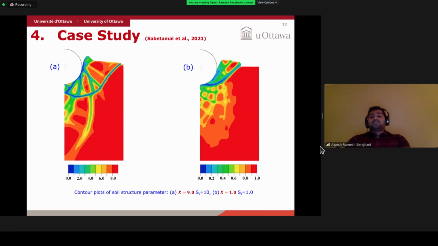Now, this is a second result that they obtained, using the soil structure. I told you that X is a bonding factor. If you see here, the bonding when the sensitivity is 10 is actually reducing. You can see the blue color shows less bonding and the red color shows more bonding.